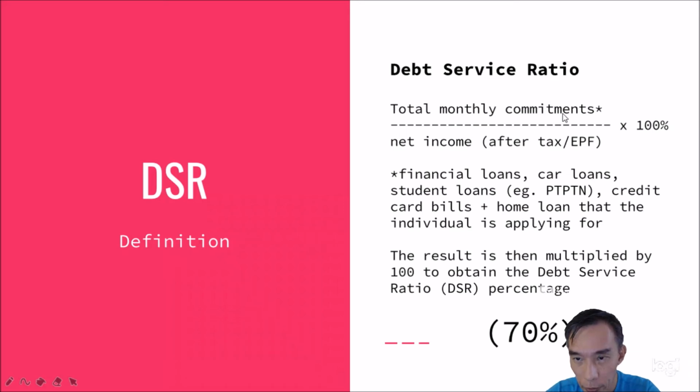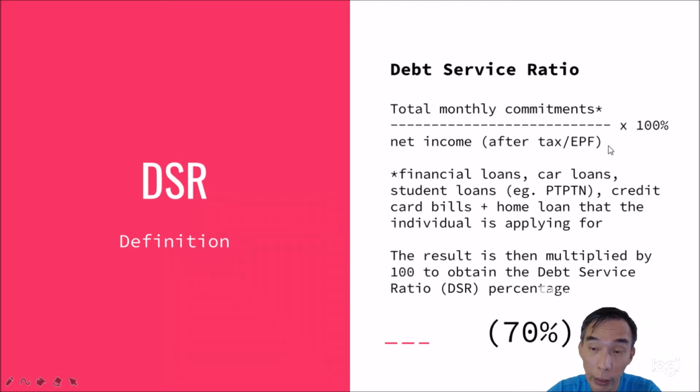So let's say you have 500 ringgit of car loan plus another few hundred ringgit of PTPTN outgoing every month, then the housing loan you are applying for is calculated at 1,800 ringgit. So that 1,800 ringgit will be added here, then the total income, the salary plus whatever rental income or other source of income, has to be proven. This one has to be proven.